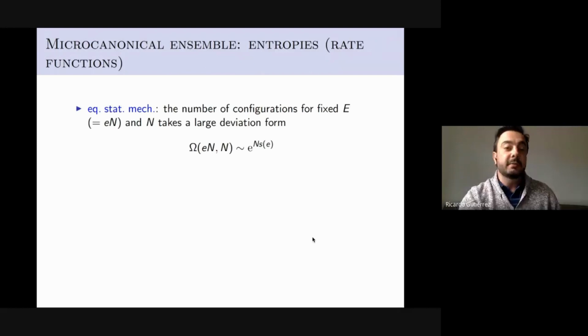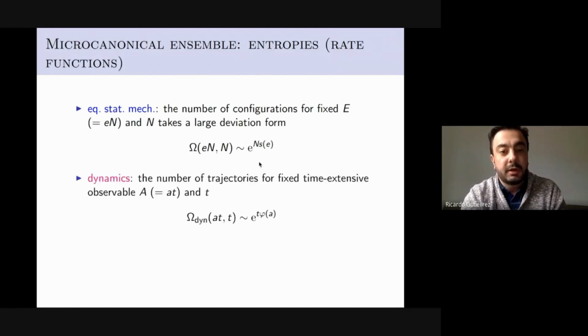And the basic idea, taking back what we were doing about non-interacting spins, but now referring to general statistical mechanics systems, is that we have a number of configurations for a fixed energy and number of particles, and that takes this large deviation form. And in the case of dynamics, we have the number of trajectories for a fixed time extensive observable and time.